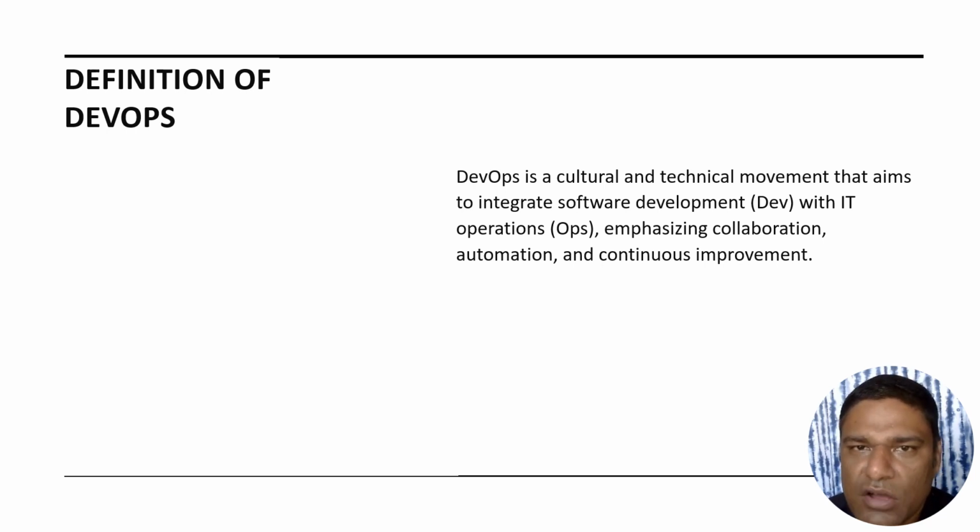So the basic objective here is to break down the traditional barriers between these teams and foster a culture of collaboration, automation, and continuous improvement. So if we align with these critical functions, organizations can achieve faster delivery, higher quality, and greater efficiency in software development. How, we'll be learning in subsequent slides.